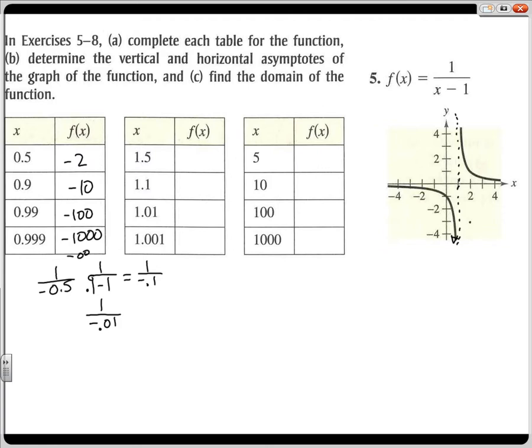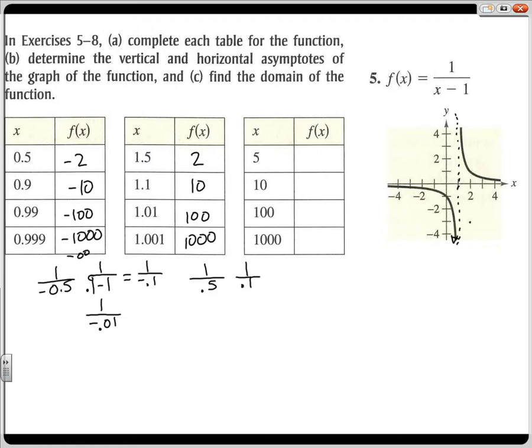So we're getting closer and closer to negative infinity. Okay? All right, so if we did it on the opposite side here, if we plugged in 1.5, that'd be 1 over 0.5, that's 2. And then 1 over 1.1 minus 1, that'd be 1 over 0.1, which would be 10, and then 100 and 1,000. And we could keep going here.